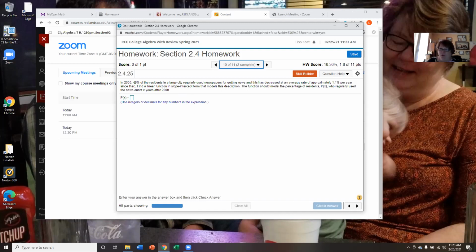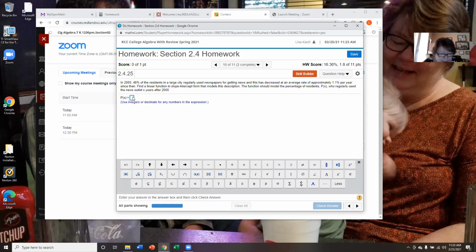So year 2000 is x equals 0, which is the y-intercept. The graph starts at 46% and then goes down as x increases. So when x is 0, y is 46. The y-intercept is 46.